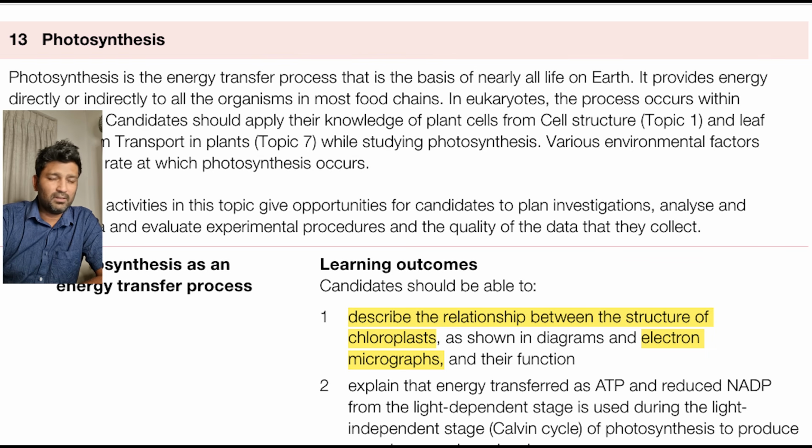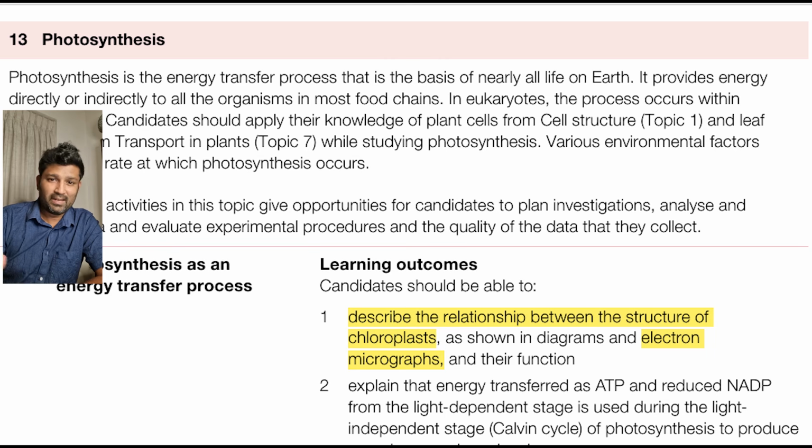Another thing that you would want to concentrate on is to describe the relationship between the structure of the chloroplast and its function, and this can be related to an electron micrograph once more.